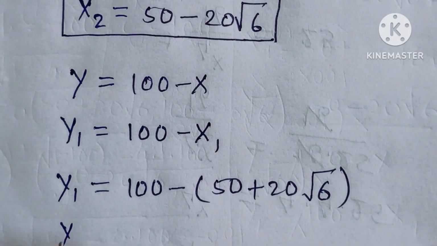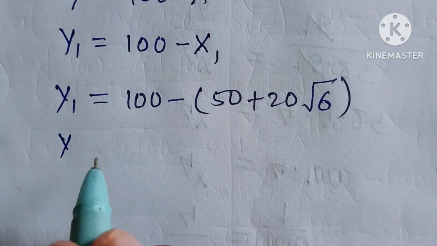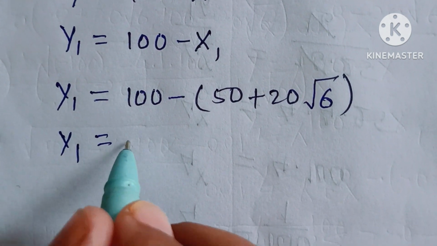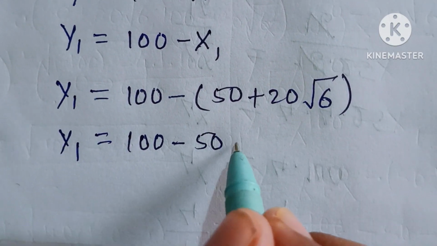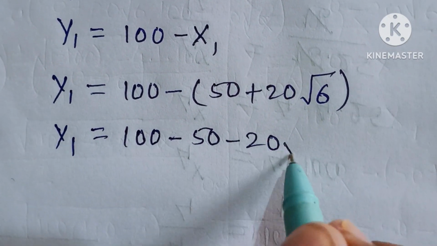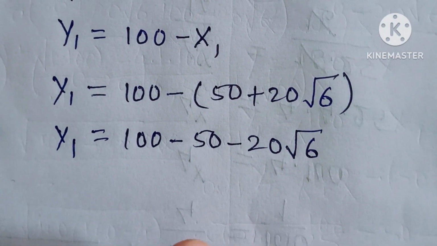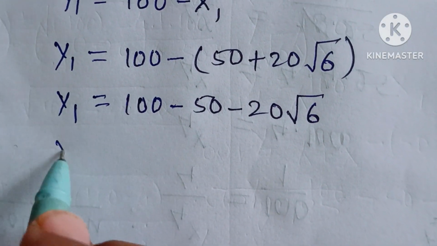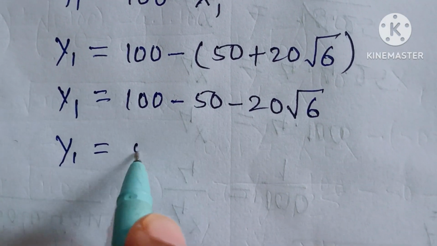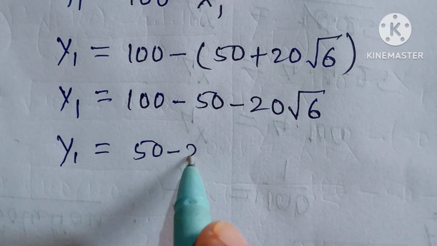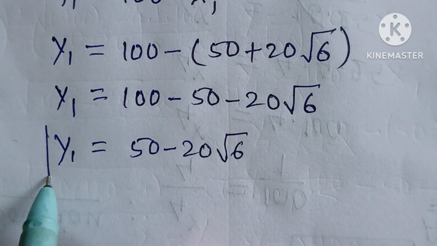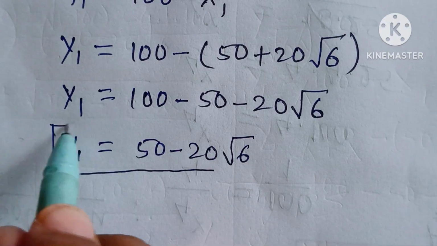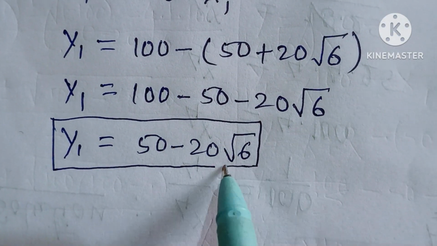Now y1 equal to 100 minus 50 minus 20 under root 6. Now y1 equal to 50 minus 20 under root 6. This is the value of y1.